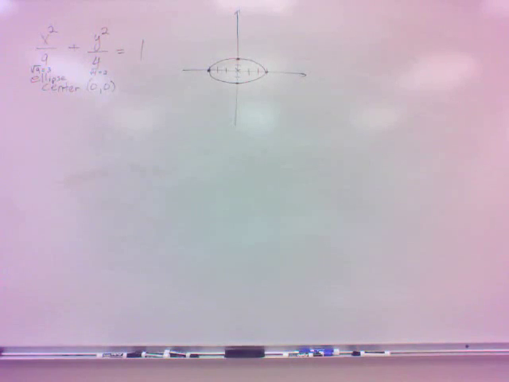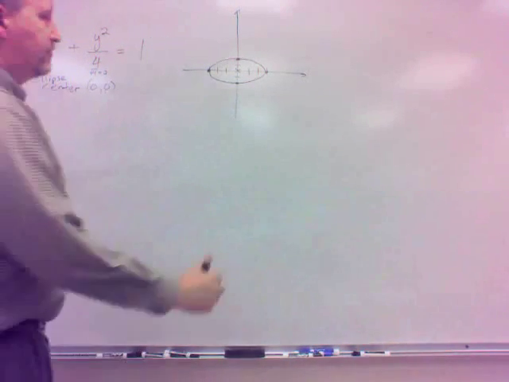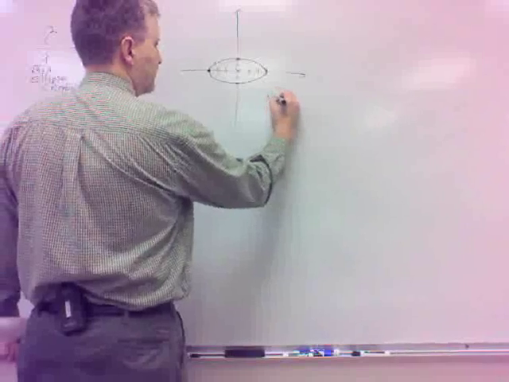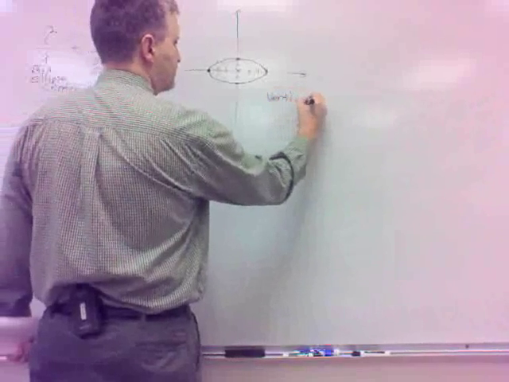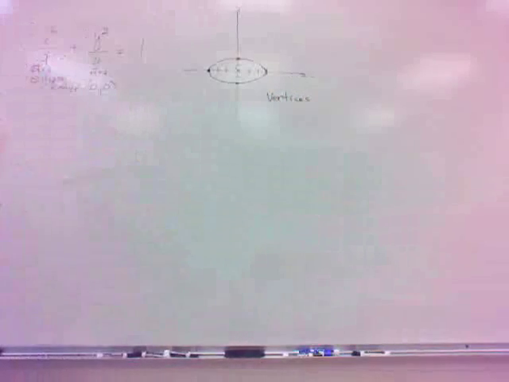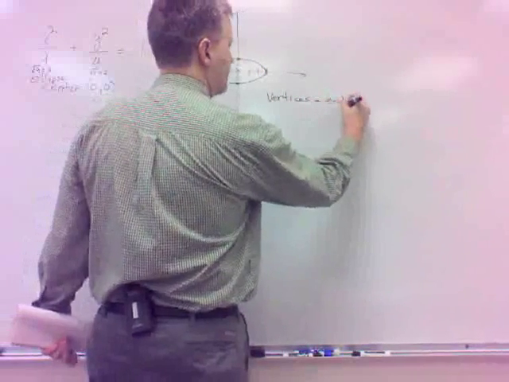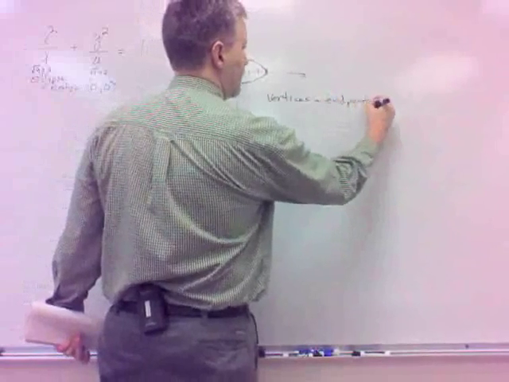Okay? Now, one other quick point: instead of just one vertex, as we had with a circular deal, there's two vertex points, or vertices. And it turns out they're just the endpoints of the major axis, the longer axis.